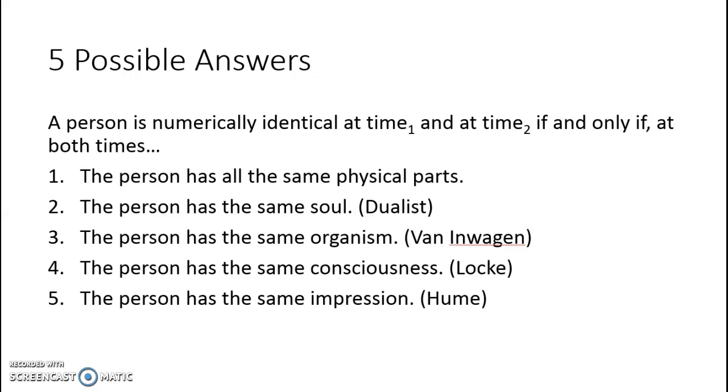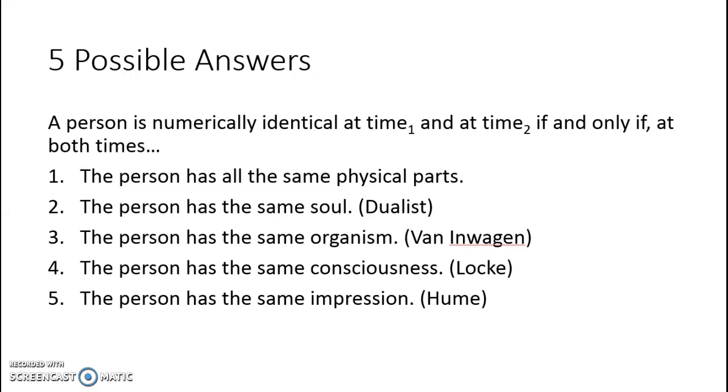Maybe your theory is that the person has all the same physical parts at both times, and that makes them the same person. Maybe your idea is that the person has the same soul at 2 different times, and that's what makes them one and the same person. You might say that a person is the same physical organism at both times, and that's what makes them the same person. Now, those 3 answers we encountered in this argument for dualism from personal identity, which I'll review in a second. Today we're going to look at 2 other possible answers.